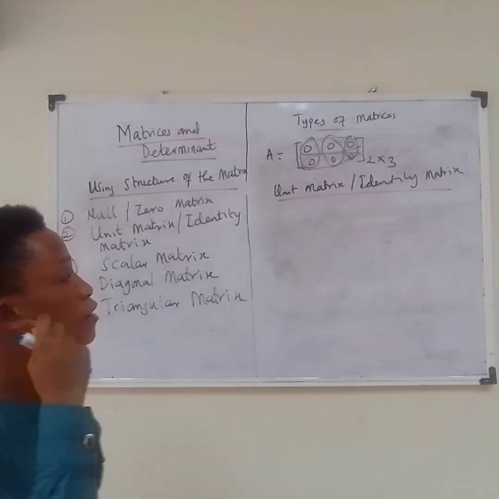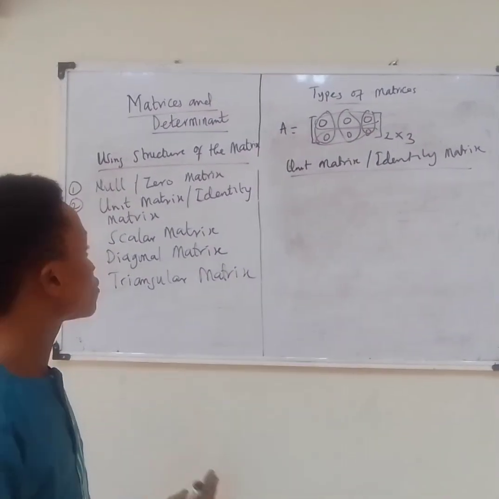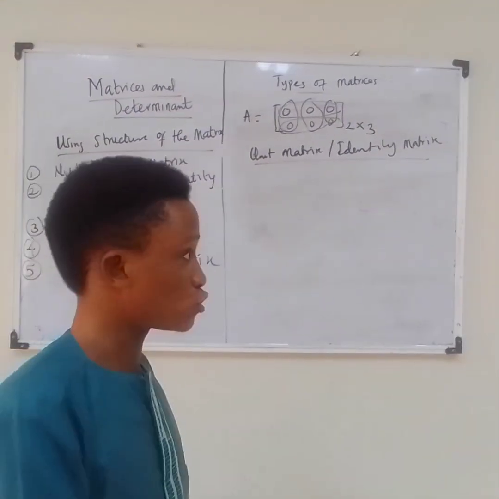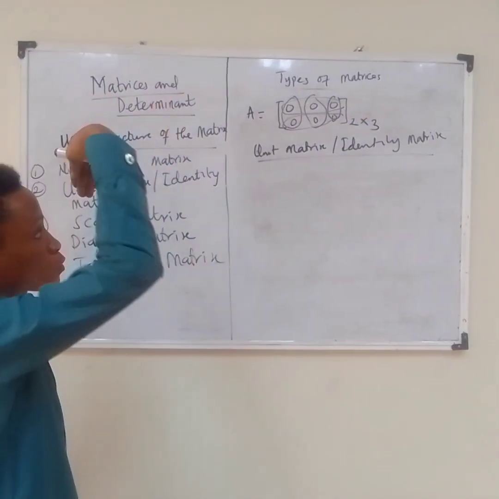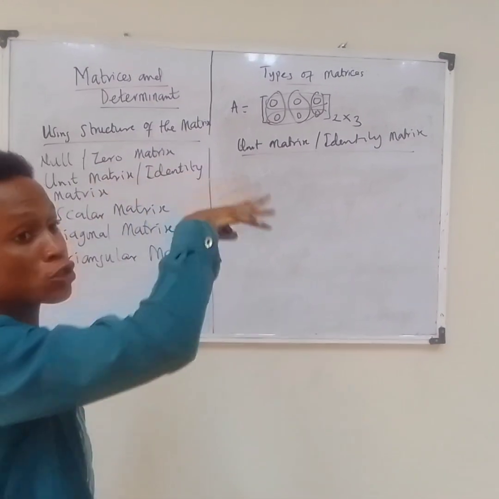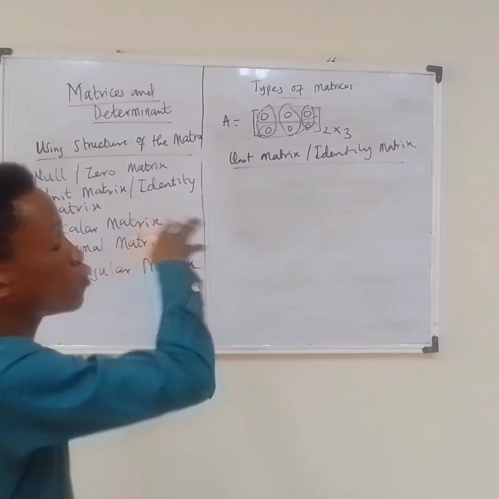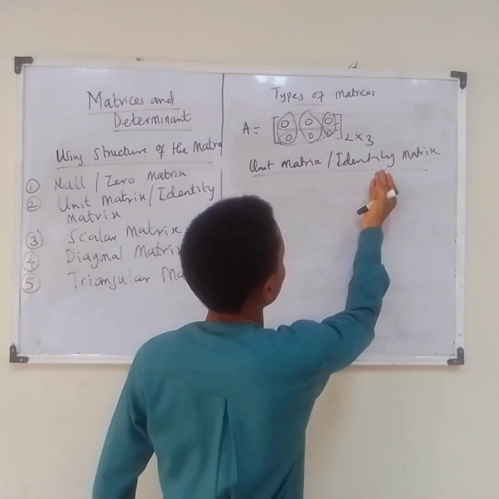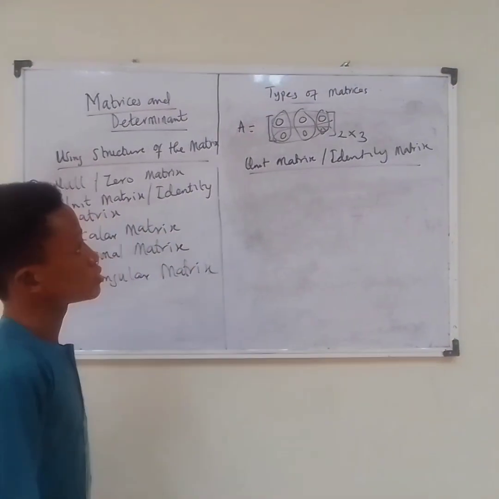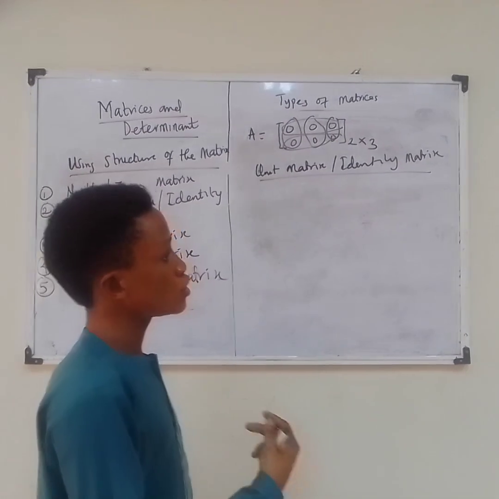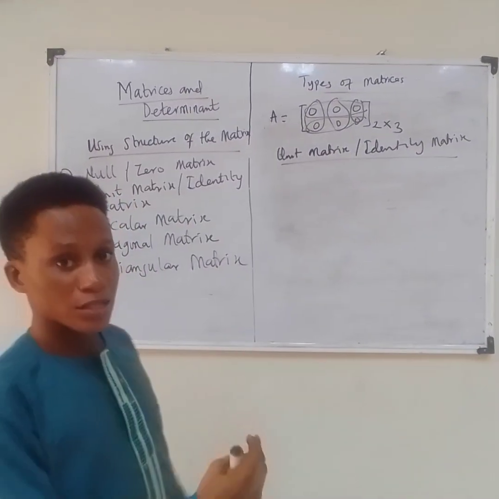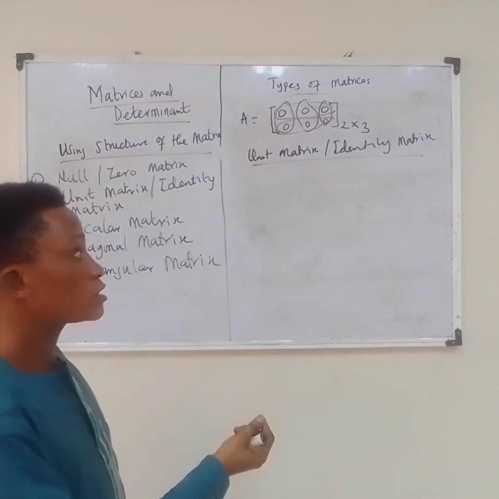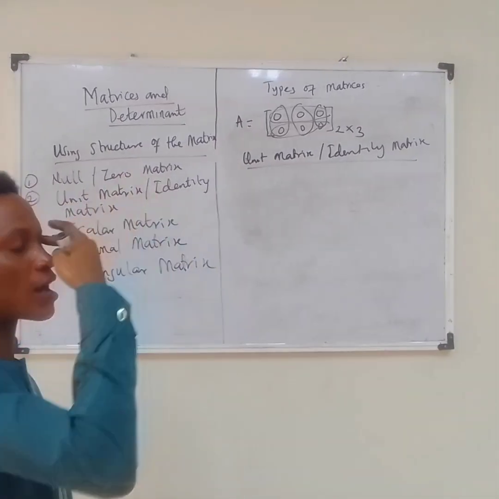I told you that a leading diagonal exists under a square matrix, which we considered earlier under the relationship between rows and columns. So the unit matrix or identity matrix is a form of matrix in which the elements in the principal diagonal, or leading diagonal, or main diagonal, are 1.